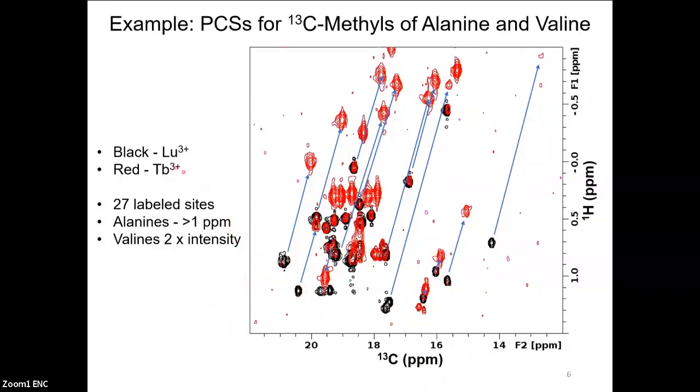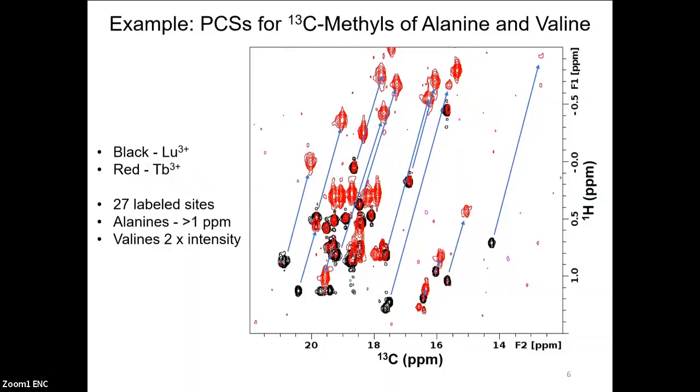And then the red are with terbium, the paramagnetic species, and you see that there are pseudocontact shifts as indicated by the blue arrows. We also have gadolinium, which does relaxation. I'm not going to show that particular data.